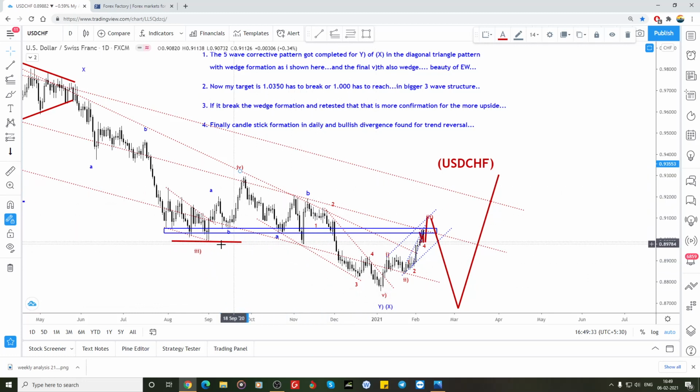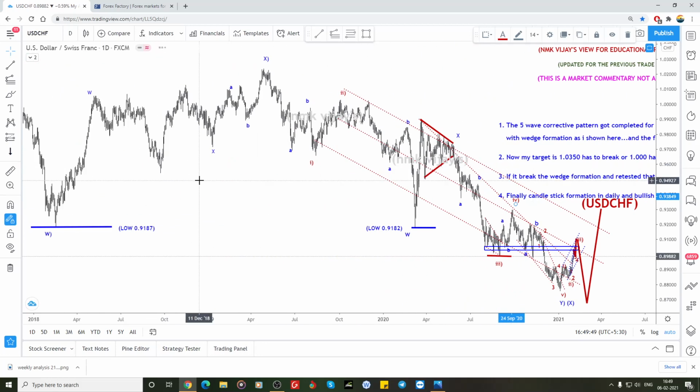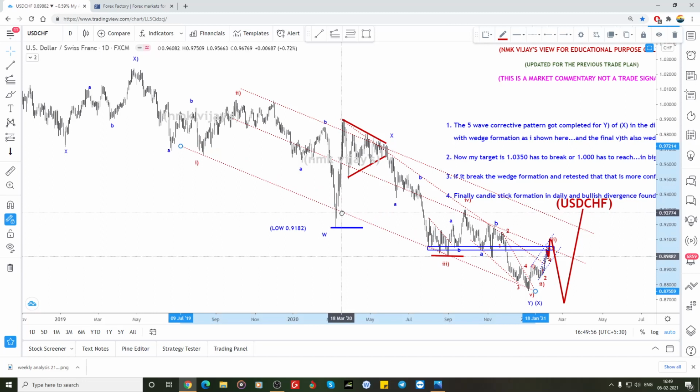But if the fourth wave ended here, it means 1 2 3 4 5 is A, and this is the B, and C is one more down to break this low, and again it can go back for the bullish only. So mind that here, and this channel is also here, it's a 1 2, yeah, perfect, it's a 1 2, so this is a 3, so this could be a fourth also.